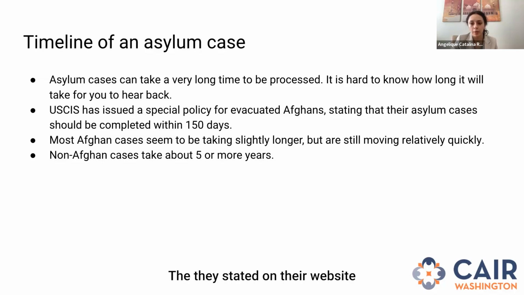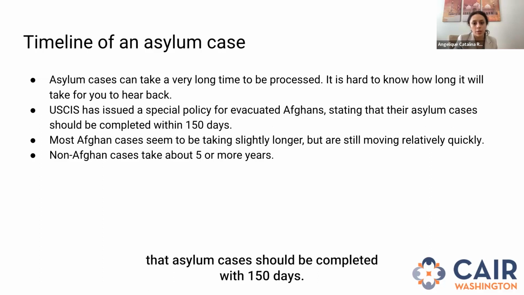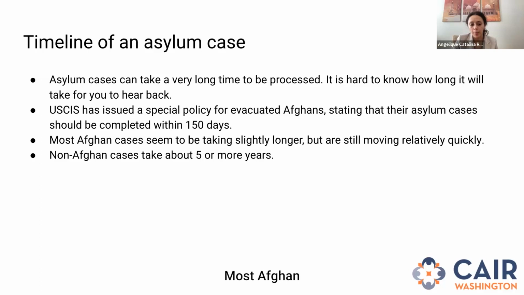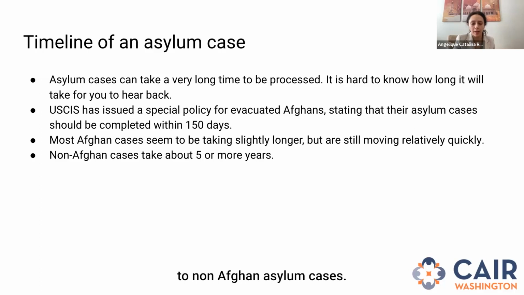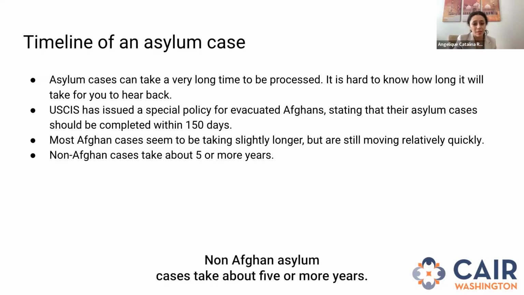They stated on their website that asylum cases should be completed within 150 days. Most Afghan asylum cases seem to be taking longer, but are still moving relatively quickly in comparison to non-Afghan asylum cases. Non-Afghan asylum cases take about 5 or more years.